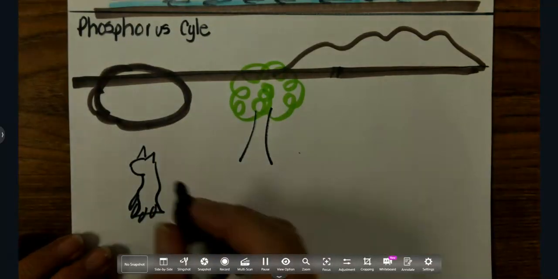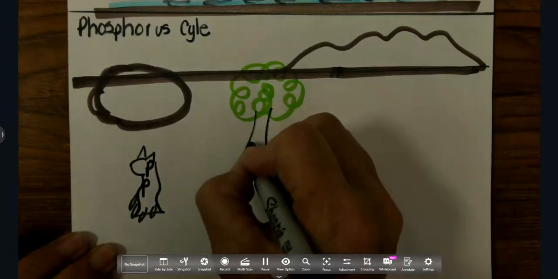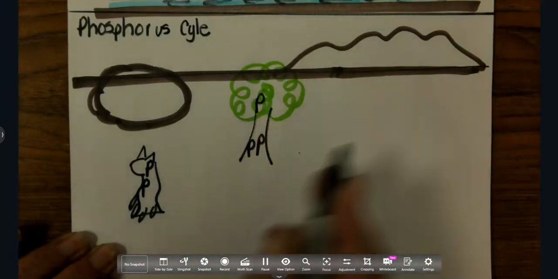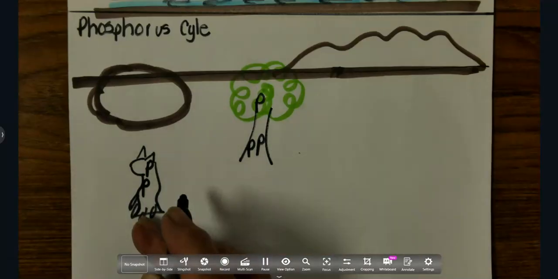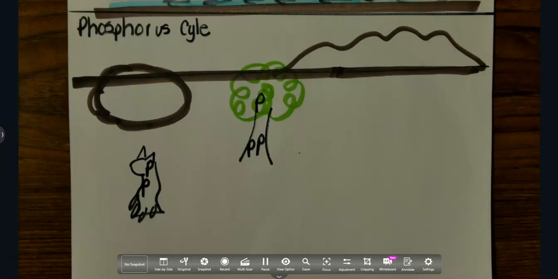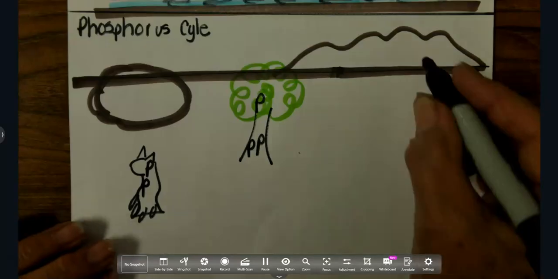So basically, we know we need phosphorus in living things, including us. So if we eat any of the producers or the animals, we're going to get phosphorus. Where does phosphorus go? Well, it's in the backbone of your DNA. It is in your amino acids. It is something that you have to get, though, outside of yourself. You don't make it. So we're all depending on this phosphorus cycle for ourselves.